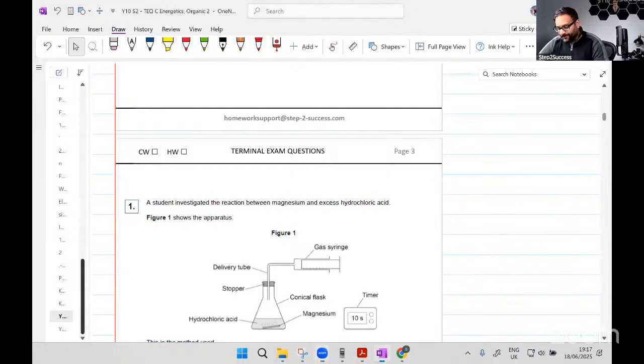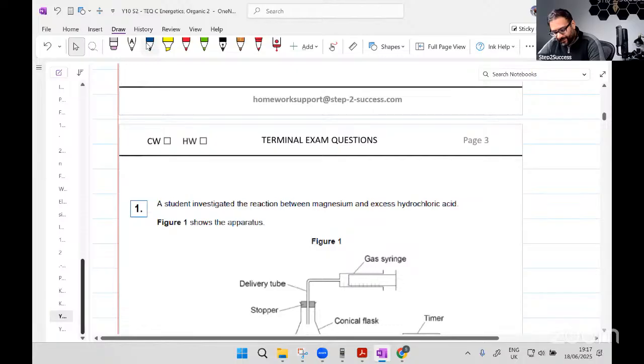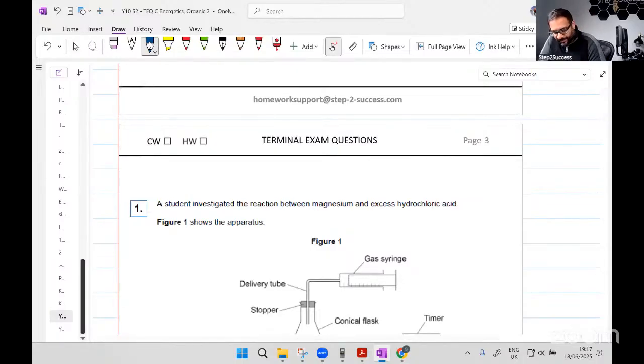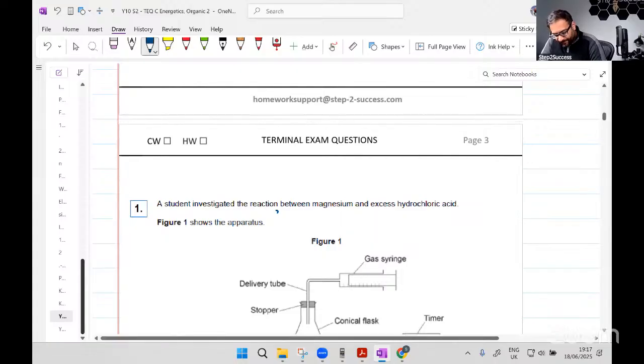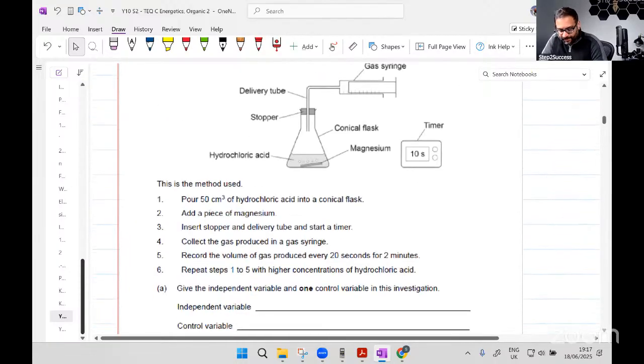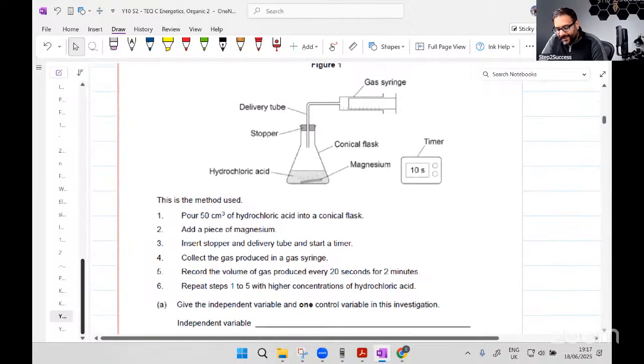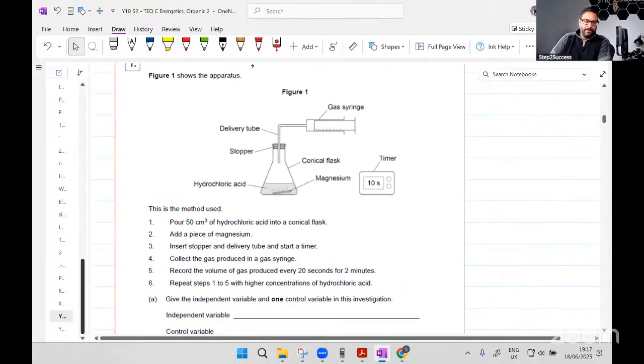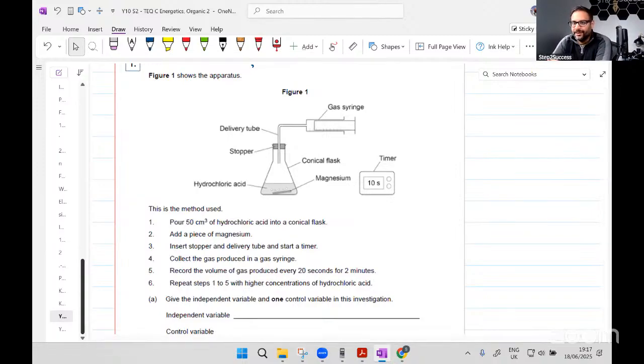Right. In chemistry, there is a topic which is to do with how fast a chemical reaction happens. And in any practical experiment, you have these things called independent and dependent variables, which you have to figure out by reading the experiment a little bit.